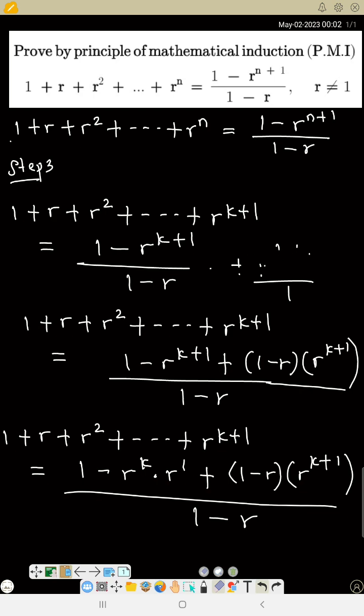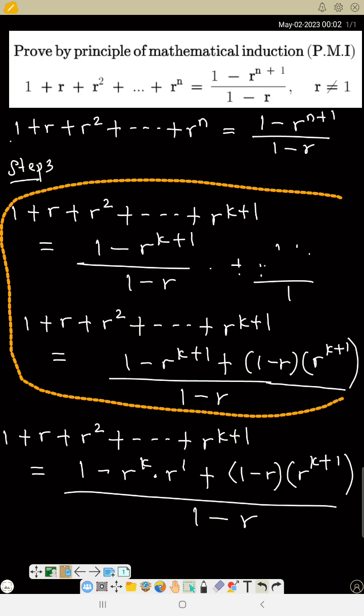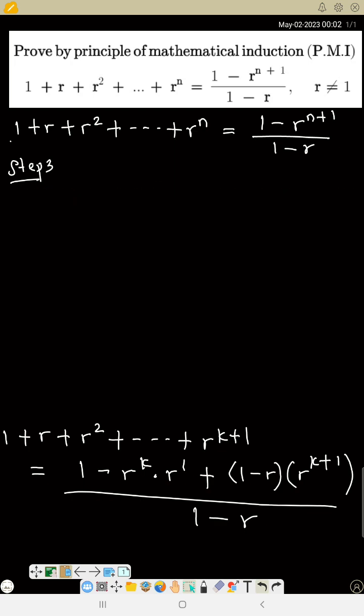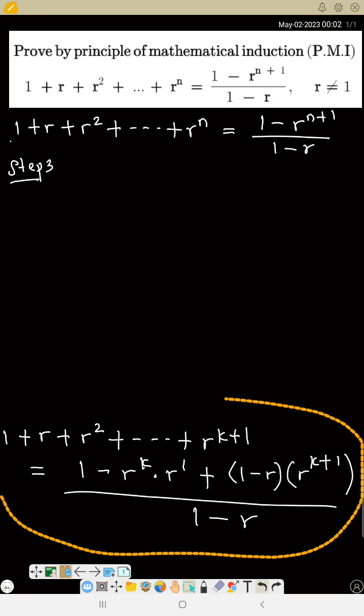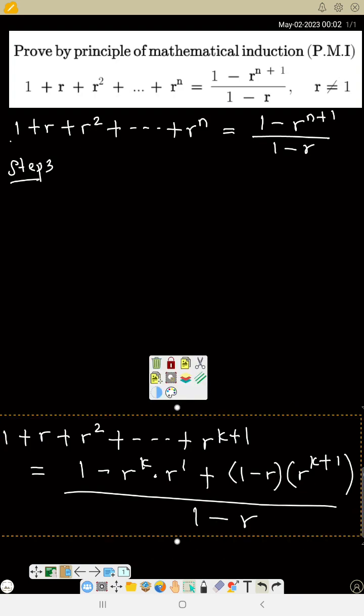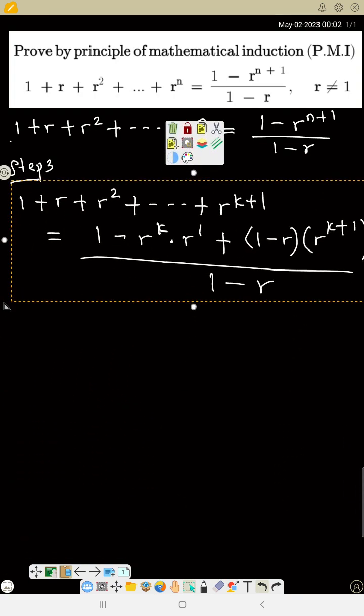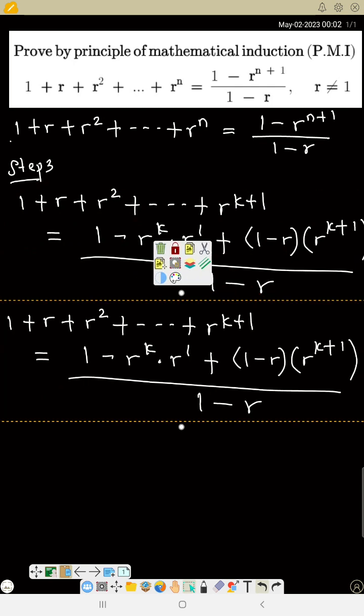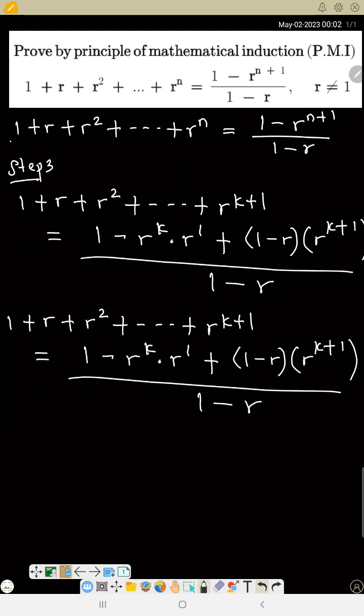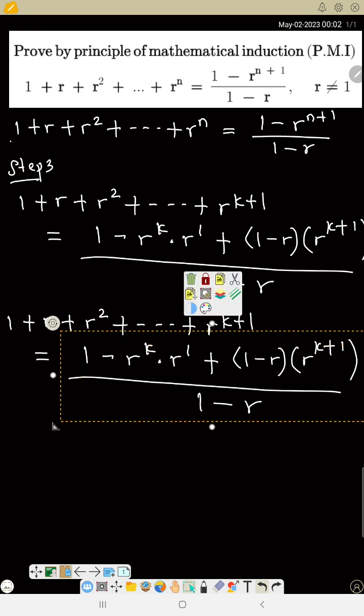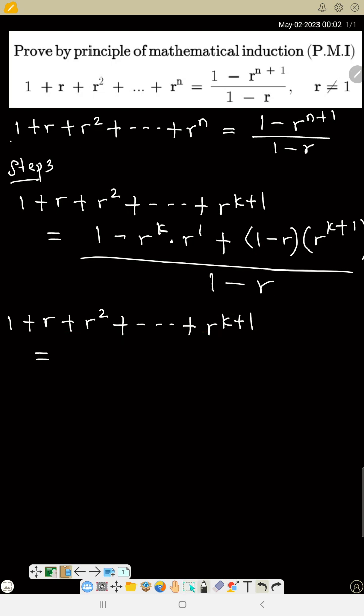So another step. So the numerator now, what is common?